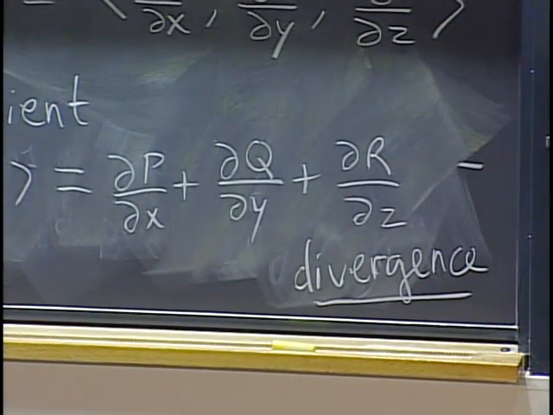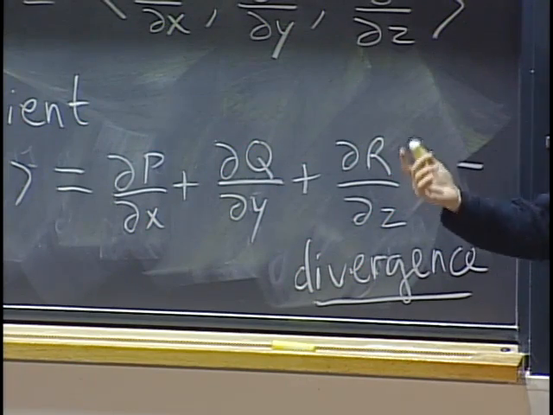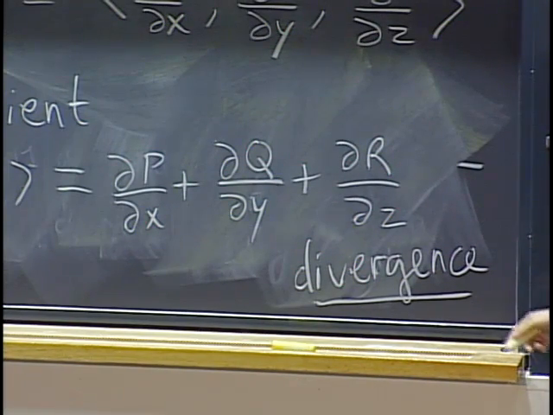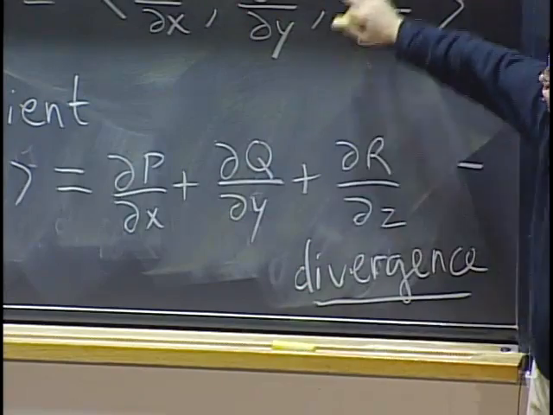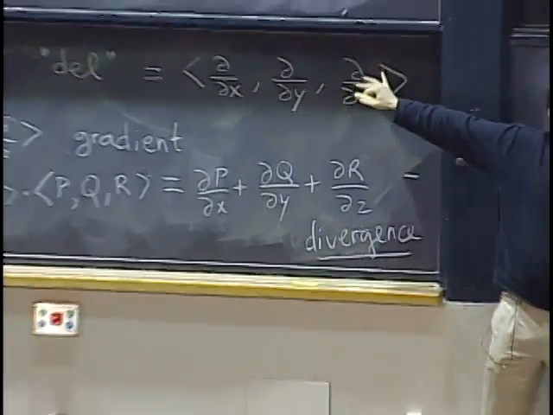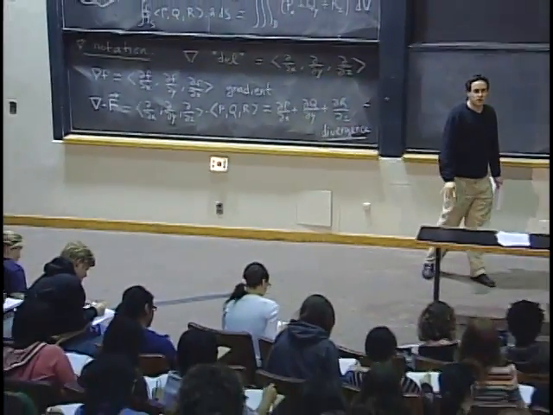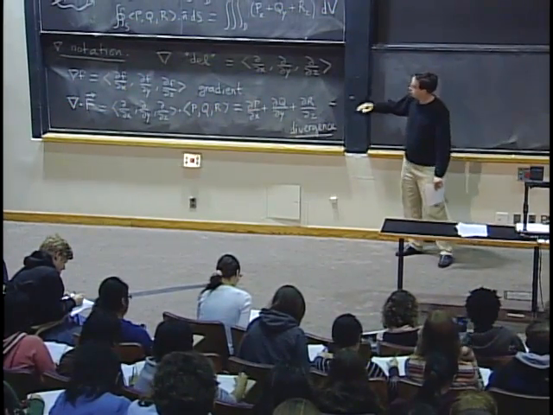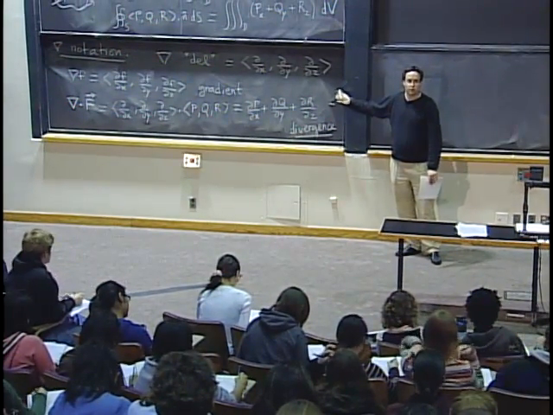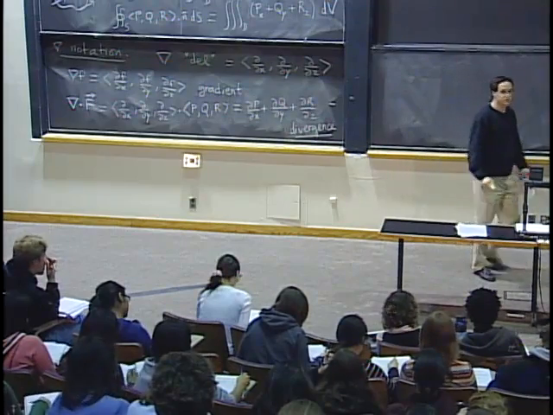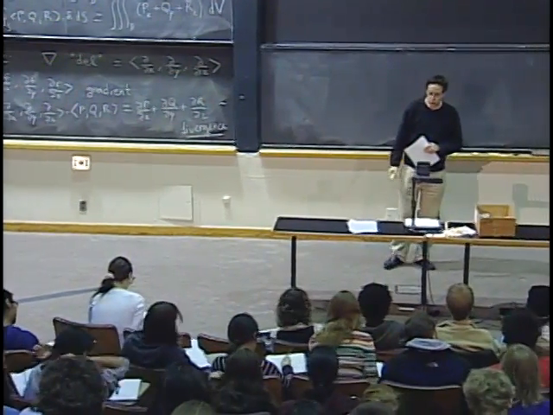And of course, similarly, when we had only two variables, x and y, we could have used the same notation with a two-component vector, partial x, partial y. Now this is of slightly limited usefulness so far. It's going to become very handy pretty soon because we're going to see curl.